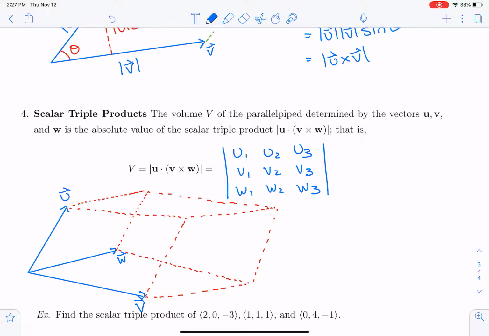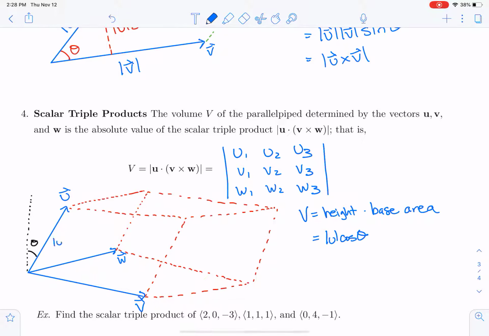So the way that I find the volume of that is, the volume is going to be the height times the base area. And so we have that the height, we can think about as being, if this is an angle theta here, the height is actually equal to the magnitude of u cosine theta.